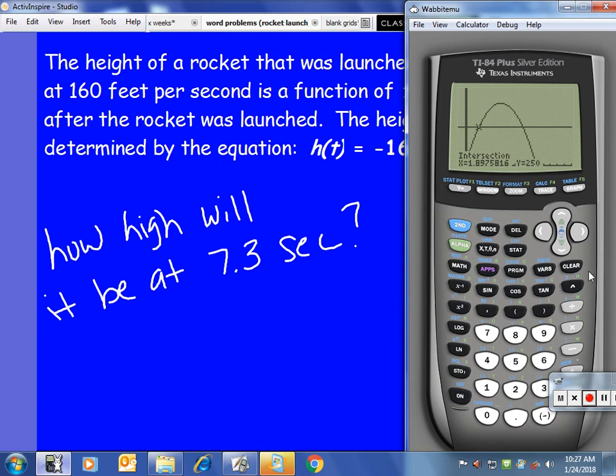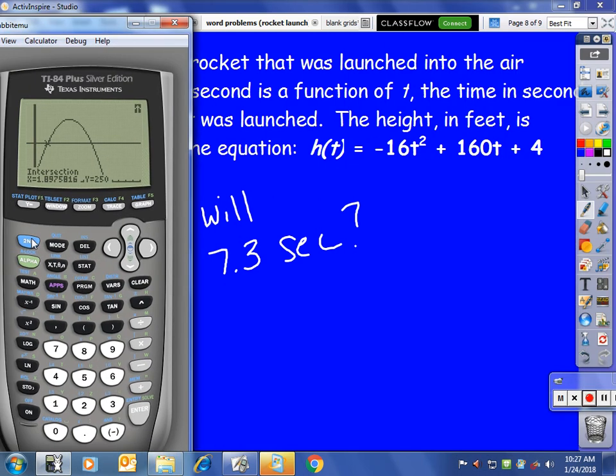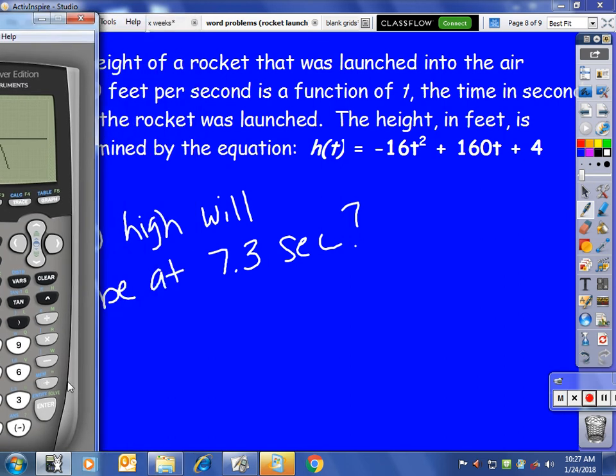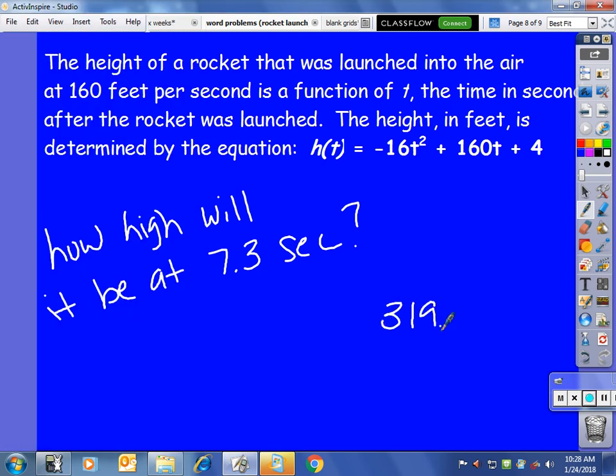That's an X value. It's easy to control the X's. Where do I go? I go to either table set or calculate value. I could go to calculate value. I know the X value I want to use is 7.3 seconds. How high is it going to be? 319.36. What? Feet off the ground. Absolutely.